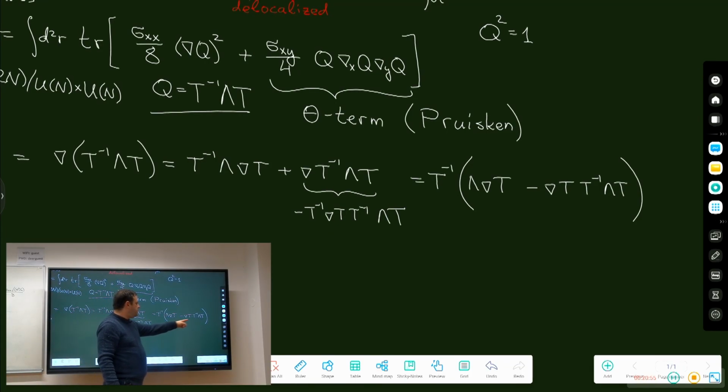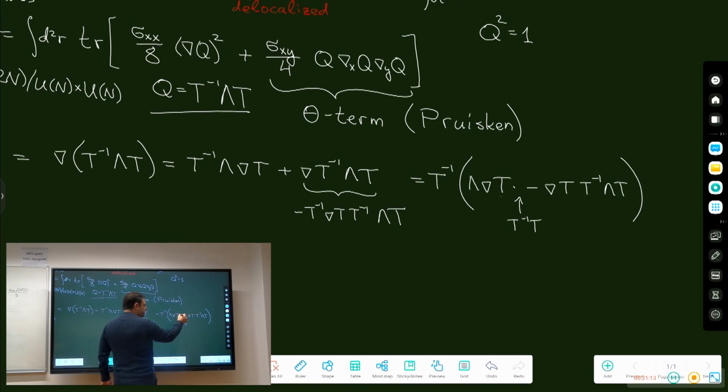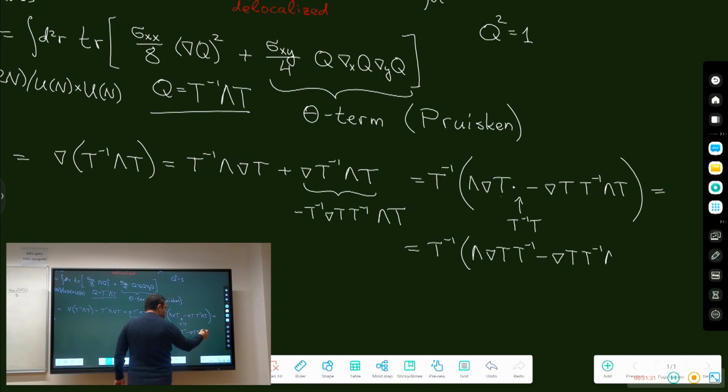And yeah, I would like to also take this T outside to the right, but here I don't have it, I have gradient of T. So I will insert here a product T inverse T, which is just a unit matrix. I will insert it as a factor at this point. And then this whole thing becomes T inverse times lambda gradient T, T inverse minus gradient T, T inverse lambda, and I can take the other T outside on the right.